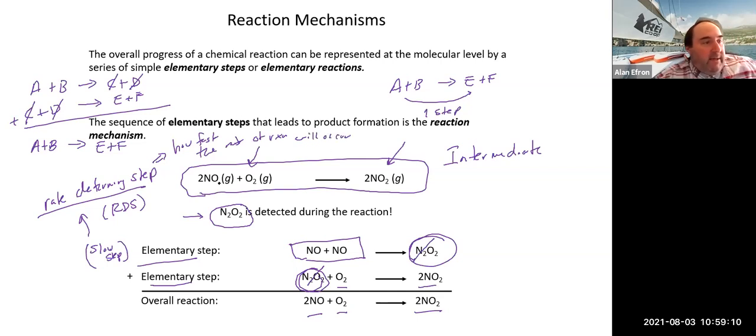It's kind of like when you're in the 5 items or less line and the guy's got 400 items in front of you, you're definitely not getting past that line until he's pretty much done with his shopping. And same idea in the mechanism. Usually there's one step, doesn't have to be the first step, could be the second step, could even be the third step, but there's some step along the way that is the one holding up the show.